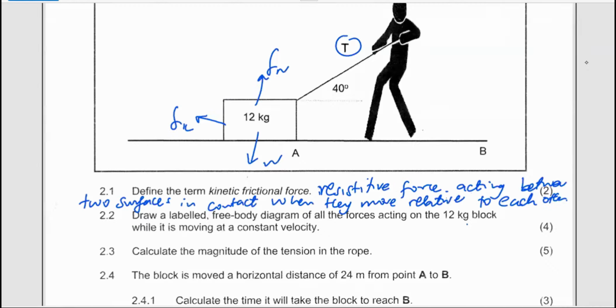All right, and then 2.3, they want us to get the magnitude of the tension. So when we look at the tension, we have two components. Number 1, we have the vertical component, which is going to be T sine of 40, and then the horizontal, which is T cos of 40. Now, if I look at just the horizontal, I'll be focusing on this being equivalent to the frictional force.